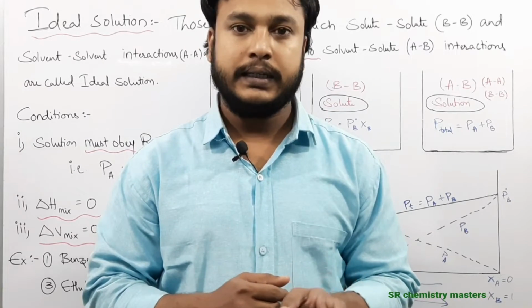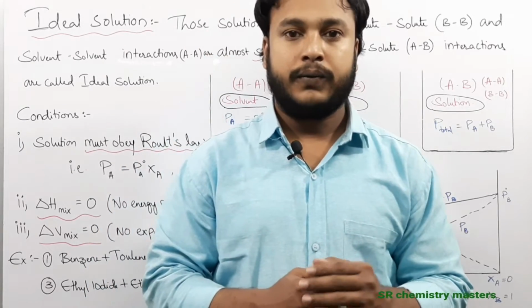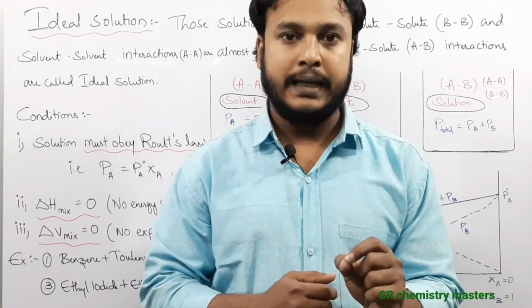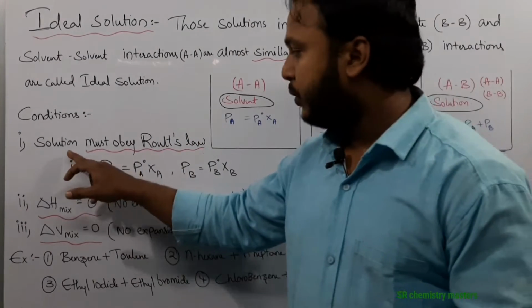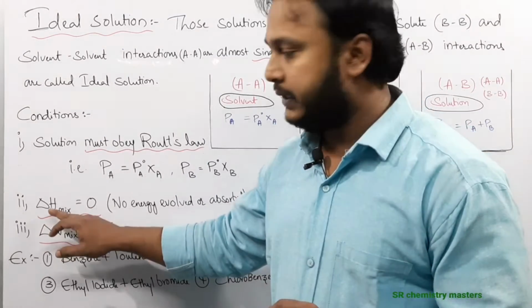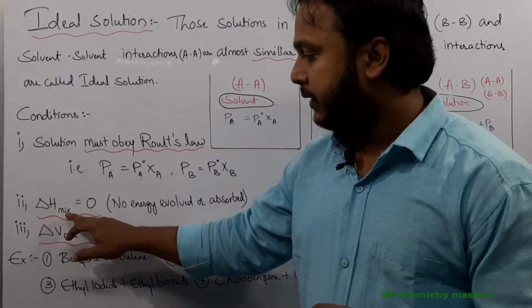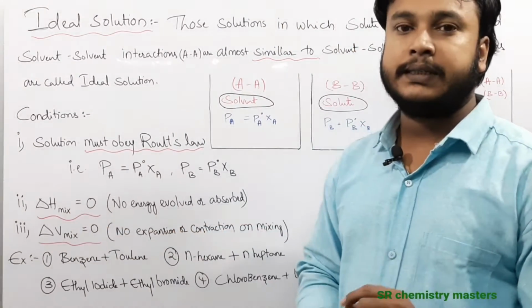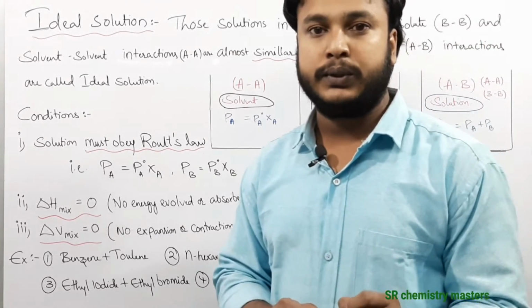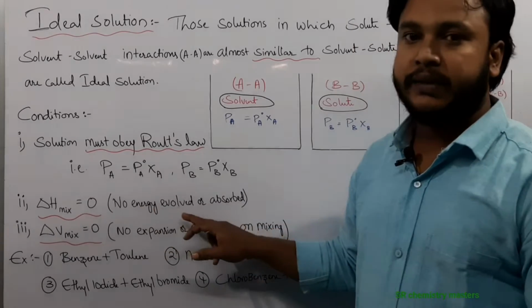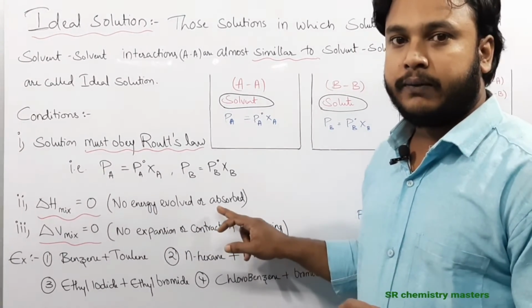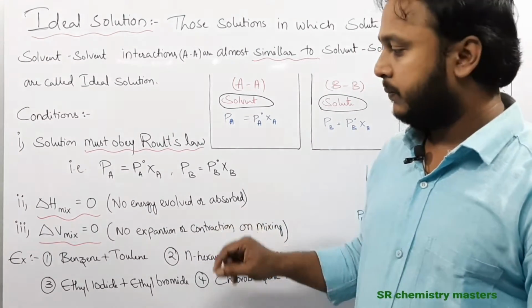Now let us see the conditions which are necessary for calling a solution an ideal solution. The first condition is the solution must obey Raoult's law. The second condition is delta H of mixture should be equal to 0, that is, the enthalpy change of the solution should be equal to 0. That means no energy should be evolved or absorbed while forming the solution.